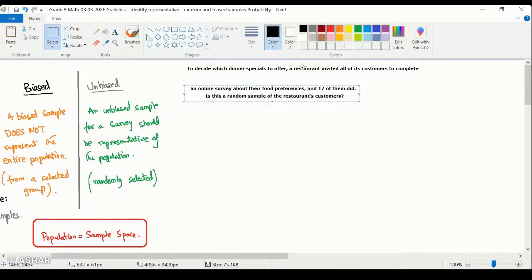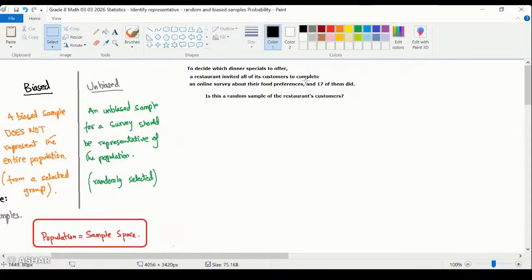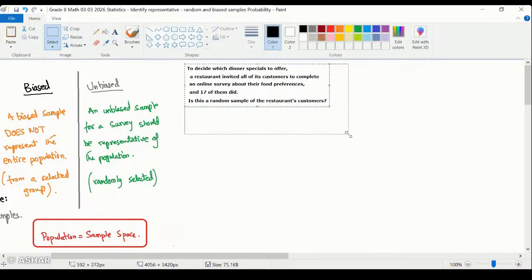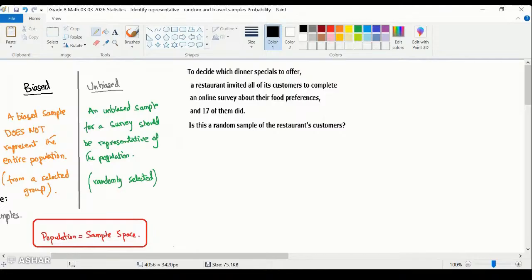A restaurant invited all of its customers to complete an online survey, and 17 of its customers did the survey. Is this a random sample? Let's see. This is our question number 1.